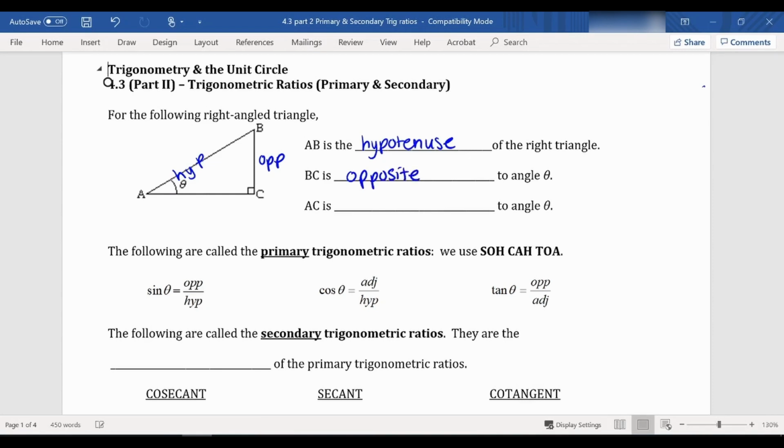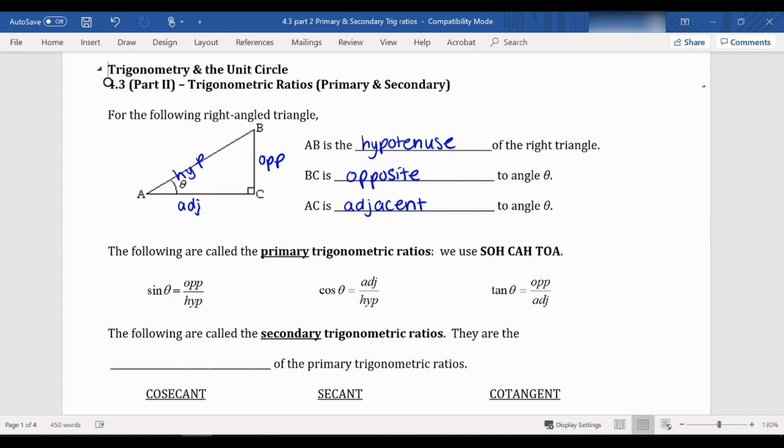It is the side that is across from your angle. And AC would be your adjacent. Adjacent means beside. Hypotenuse is always the longest side of your right-angled triangle, across from the right angle. And opposite is always the side across from your angle theta that you are looking at.